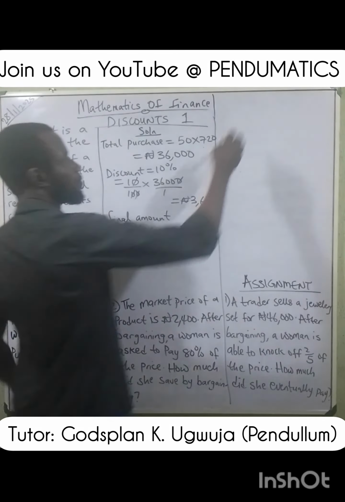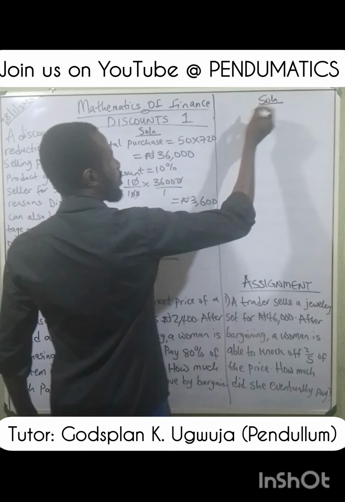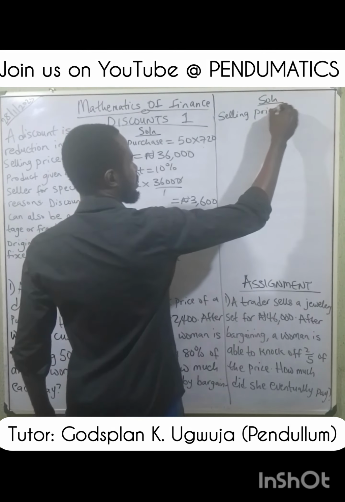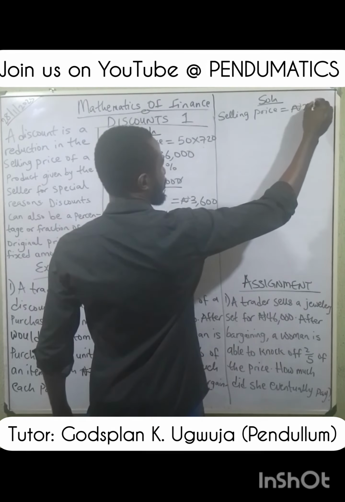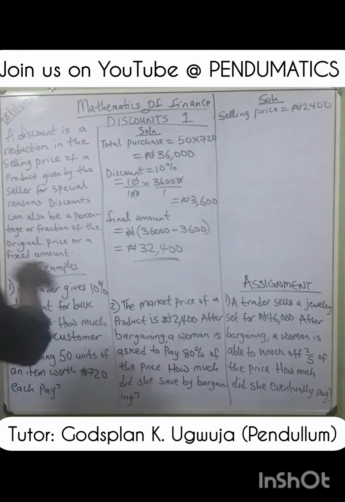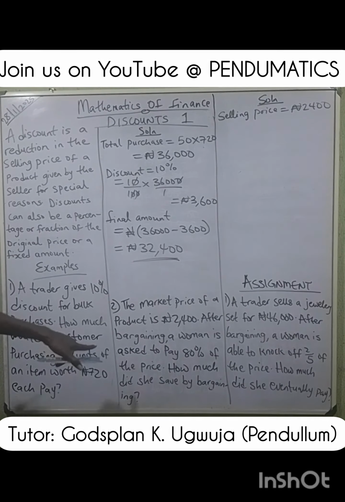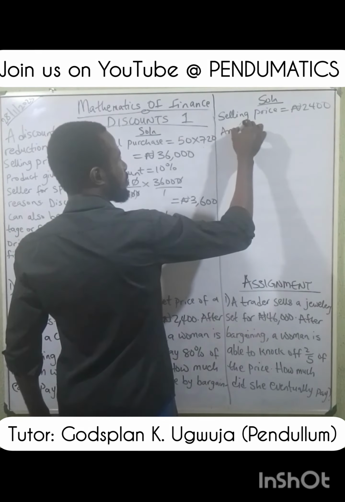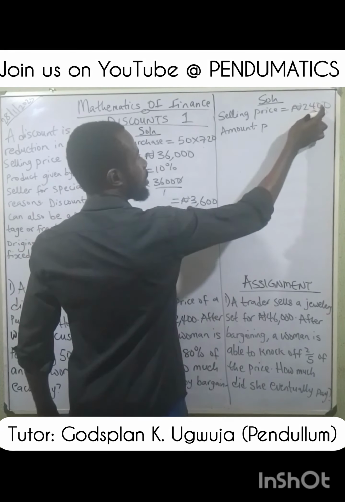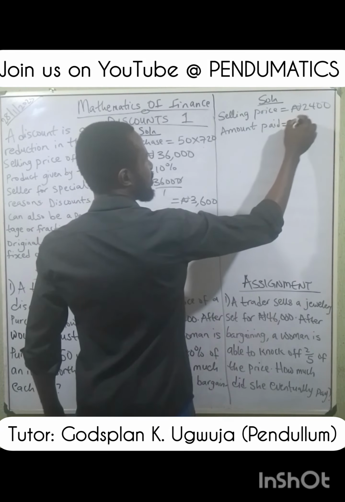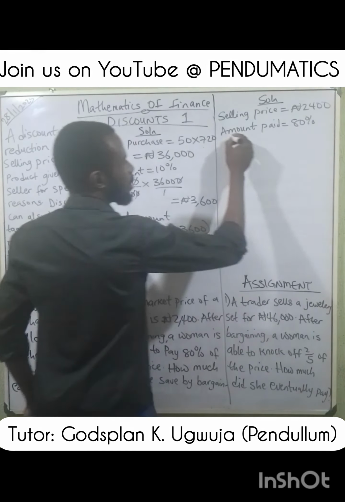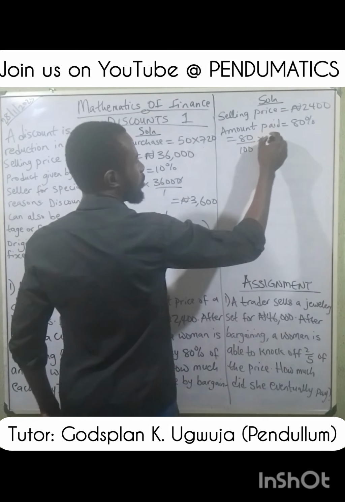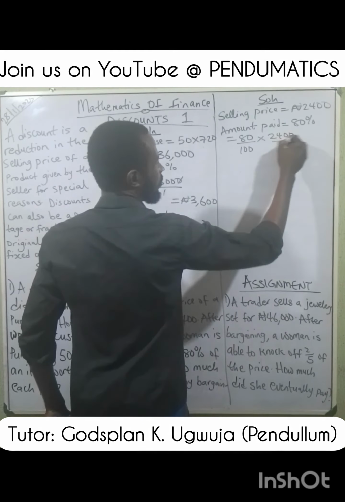How much did she remove from the actual price by bargaining? All right. So how do we solve this? Well, the selling price or the normal price is 2,400. But she paid only 80%. So instead of paying 2,400, she paid 80% of it, which is 80 over 100 times 2,400 over 1.